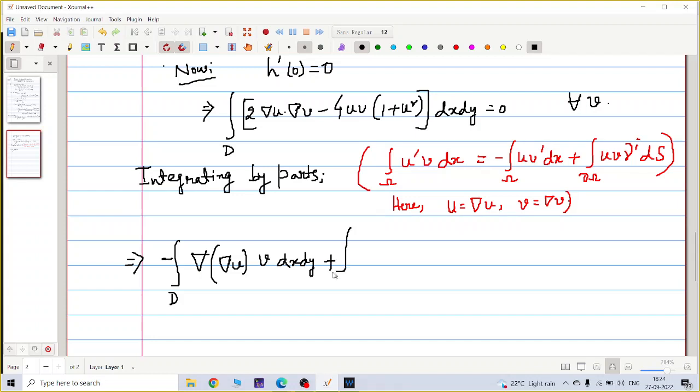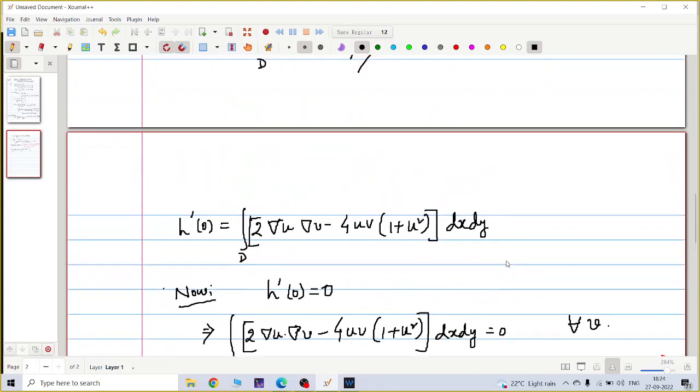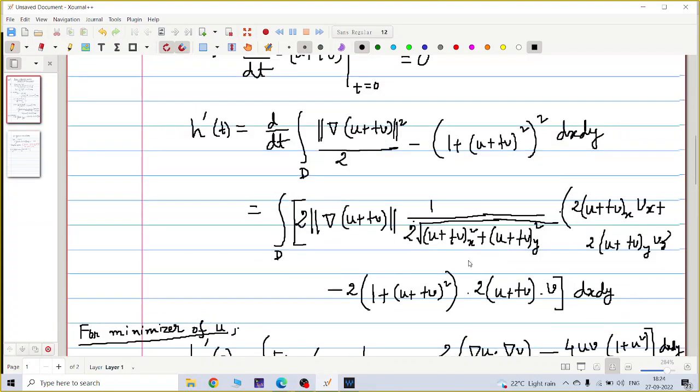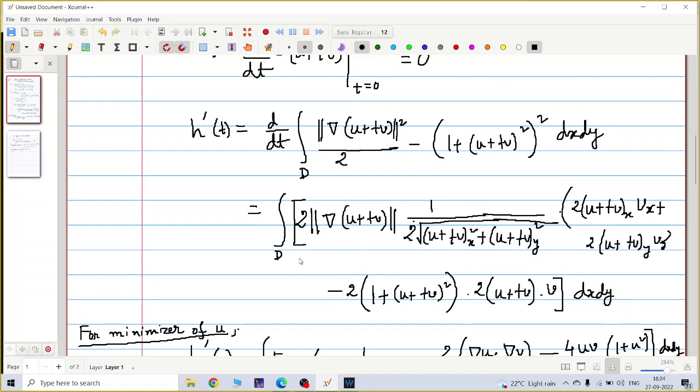plus the integral over the boundary of v into grad u into mu_i dS, minus again this part remains the same because I am not changing this part, 4 into... I think I did something here, there is a 1/2 in the total thing.